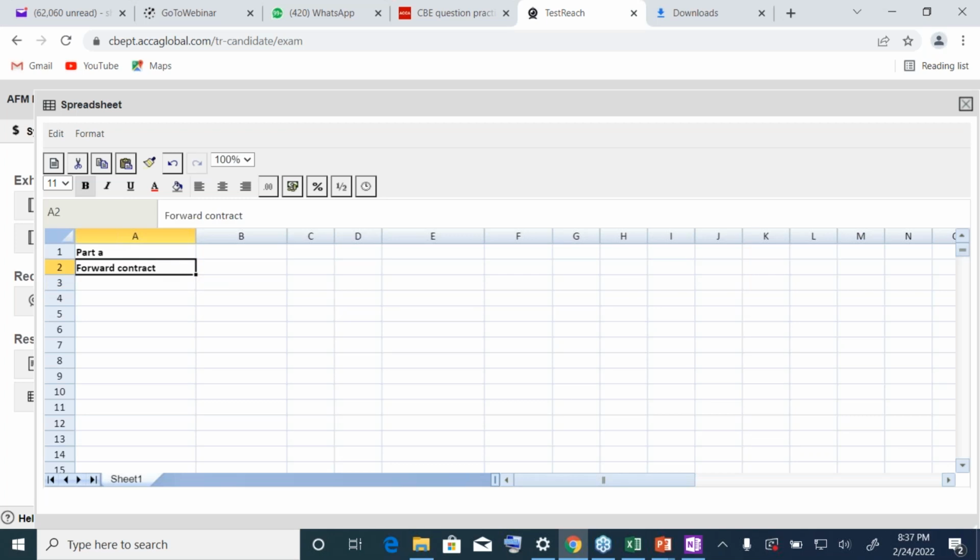Before the forward contract, let's calculate the net receipt. Payment is 14.5 million and receipt is 37.4 million.